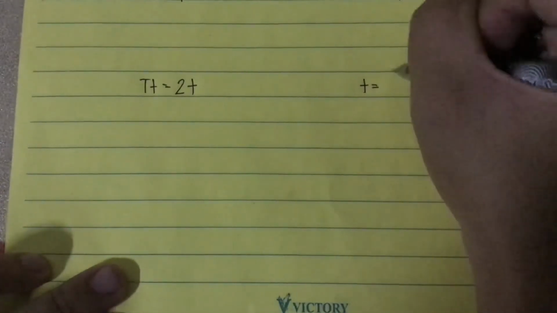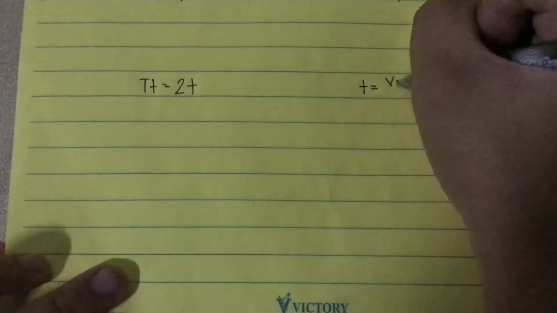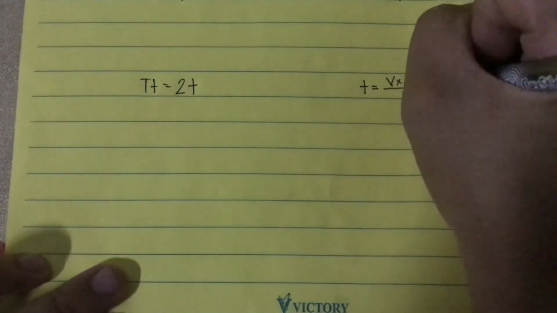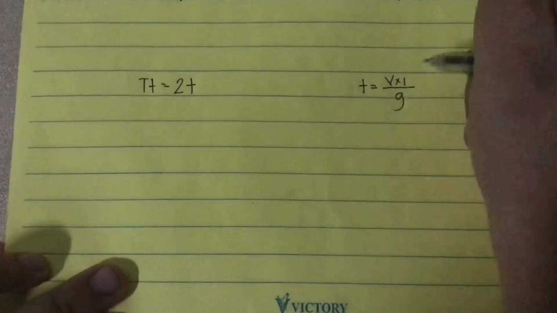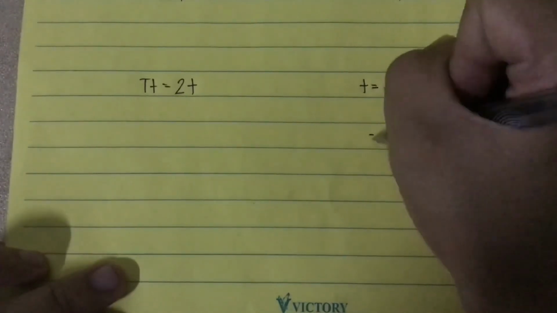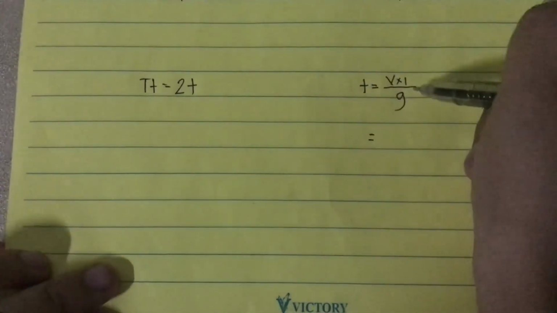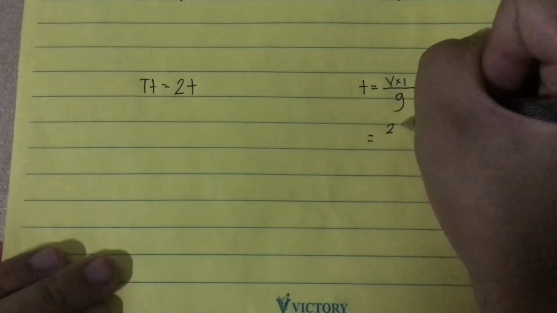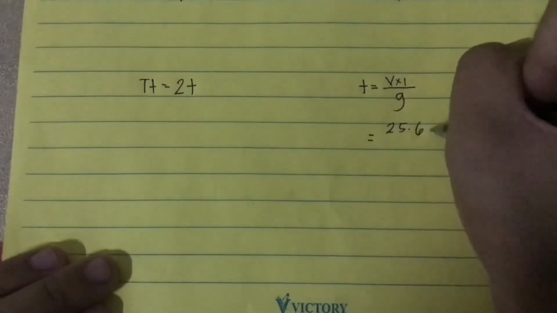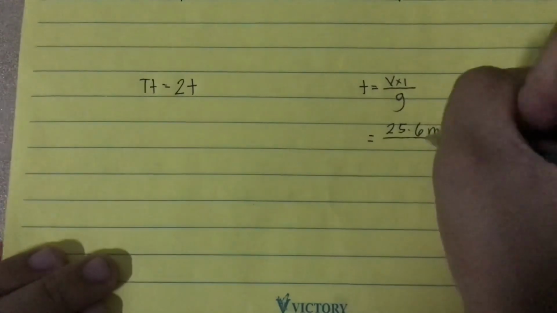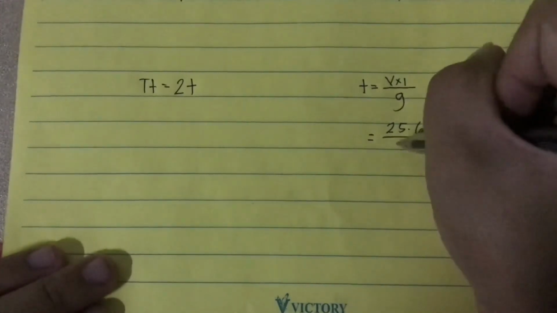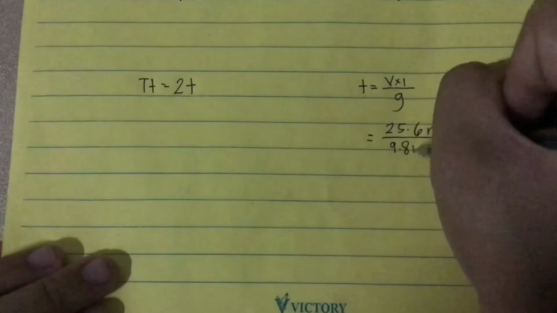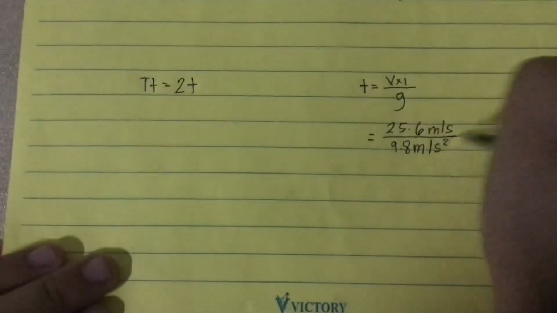So the time is equal to the horizontal initial velocity divided by gravity. Since our horizontal initial velocity is 25.6 meters per second, don't forget the unit, over the gravity is 9.8 meters per second squared.